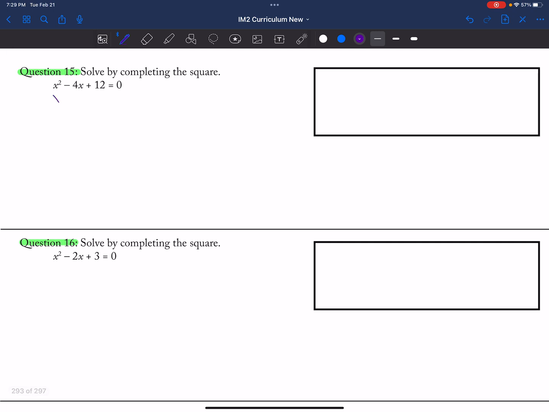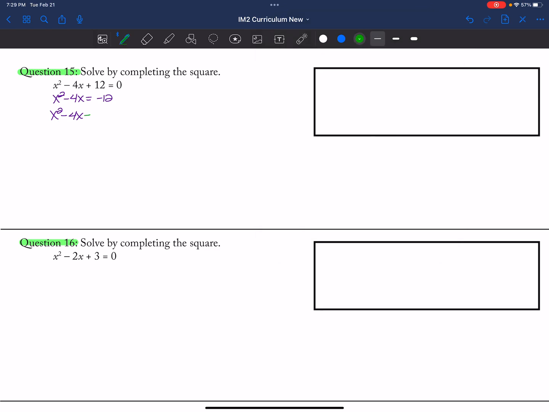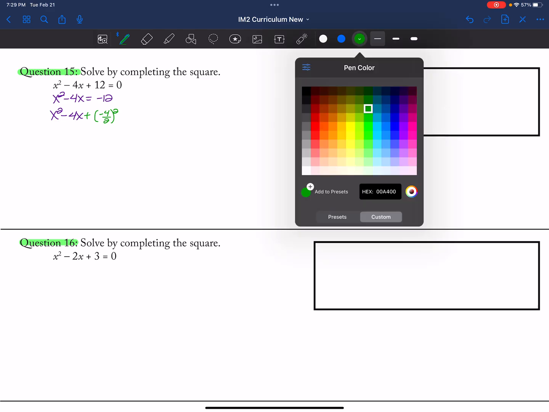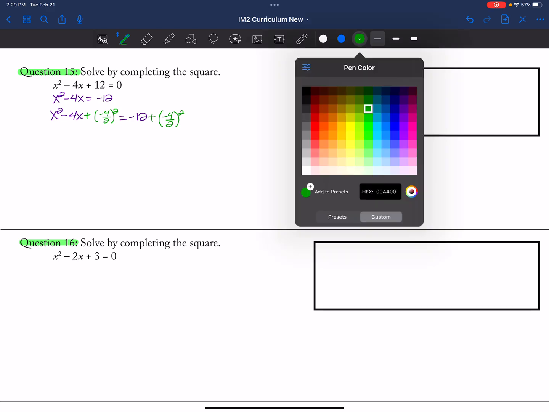Number 15, x squared minus 4x is equal to negative 12. So x squared minus 4x. And then I am adding negative 4 over 2, the quantity squared. So then this is equal to negative 12 plus negative 4 over 2, the quantity squared.